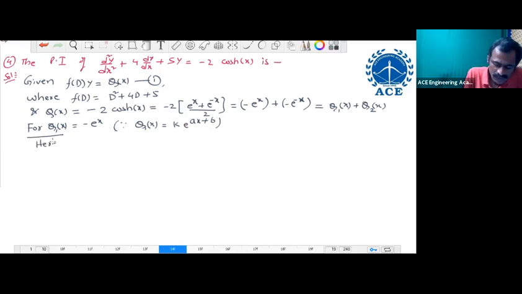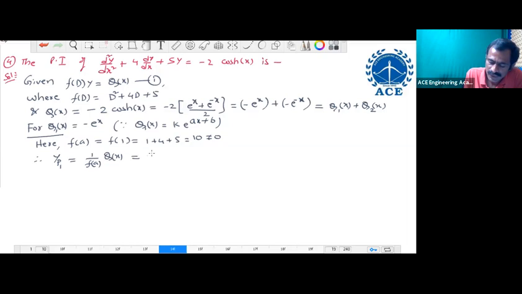Here check whether f of a equal to 0 or not equal to 0. f of a equal to f of 1, that is, in f of D, replace D with 1. 1 plus 4 plus 5, that is 10, not equal to 0. Therefore, y suffix p1, that is the particular integral corresponding to q1, is 1 by f of a times q of x, equal to 1 by 10 into minus e power x.